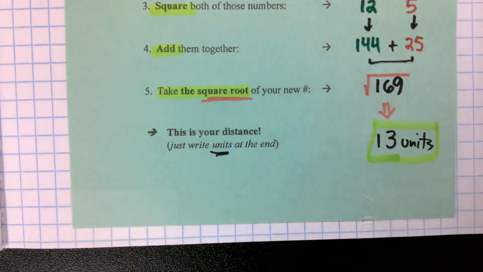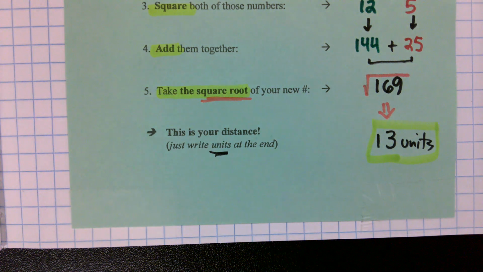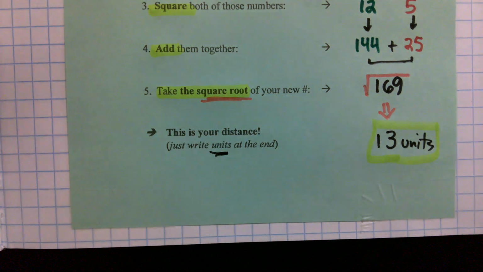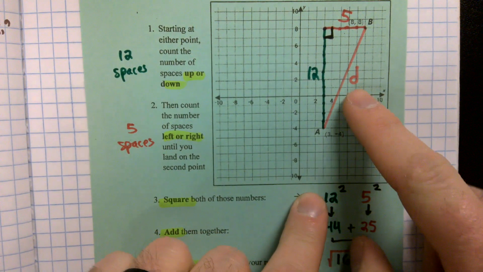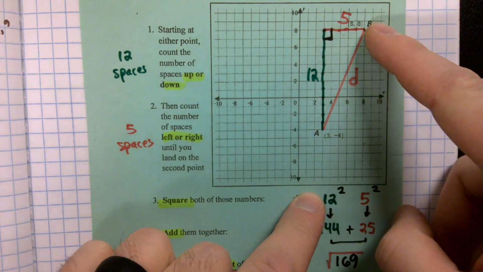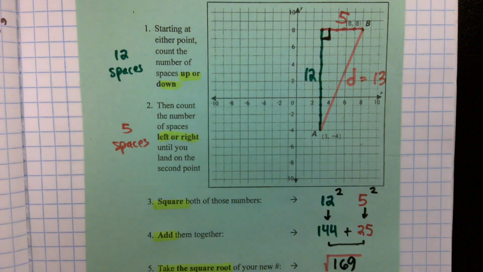There's our distance. They are not all going to be perfect squares. Most of them will be, but not all of them. So what we just found through that process is that this pink line here, D, is 13 units long.